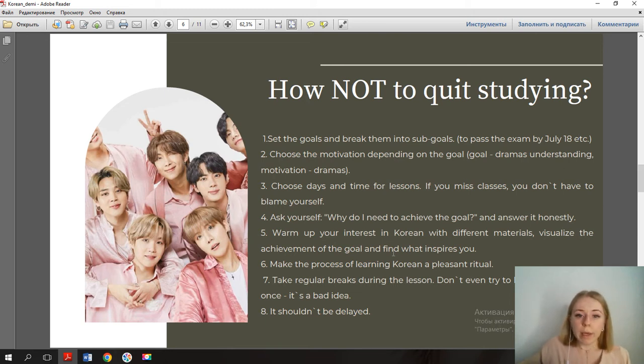The second one is choose a motivation depending on the goal. For example, your goal is understanding dramas. You want to understand Korean dramas, and your motivation is dramas. Of course. For example, my goal is to go to Korea again. And what is my motivation? My motivation might be videos with Korean bloggers.